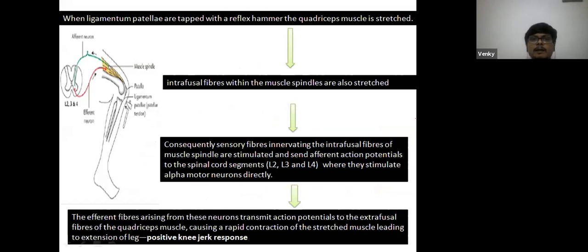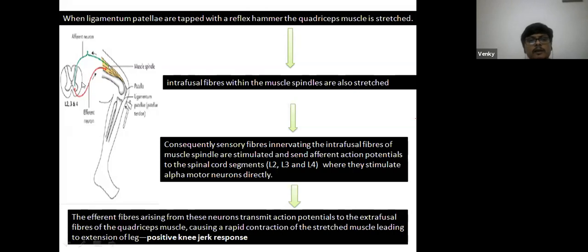When the ligamentum patellae is tapped with a reflex hammer, the quadriceps muscle is stretched. So when you tap at the ligamentum patellae, why do you get extension of the knee? First, the intrafusal fibers within the muscle spindle get stretched. As a result, the sensory fibers innervating the intrafusal fibers are stimulated and send impulses to L2, L3, L4.